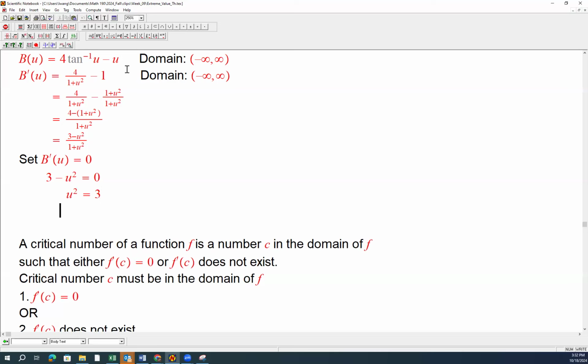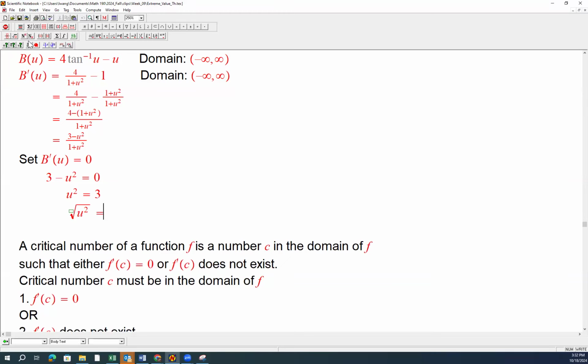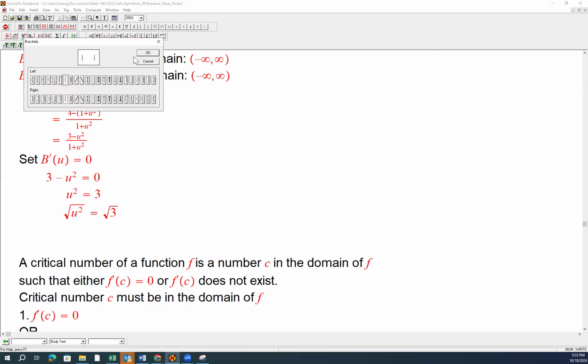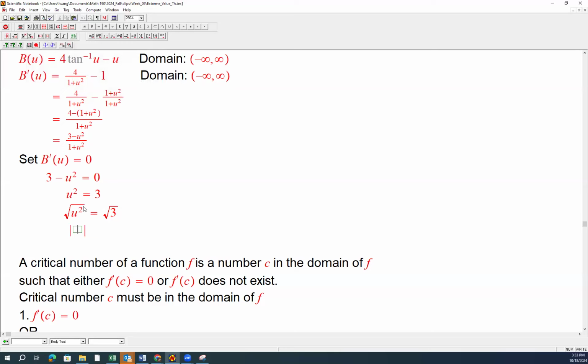Take the square root, we get the square root of u squared equals root 3, and the square root of u squared equals the absolute value of u, equals root 3.